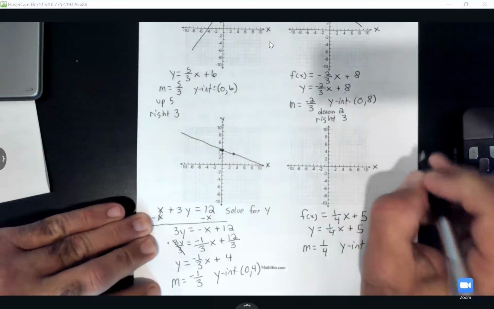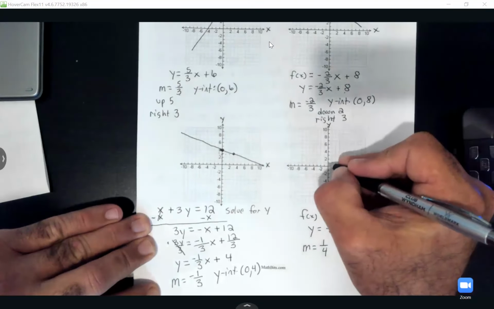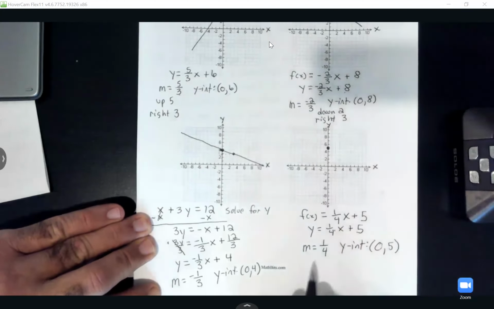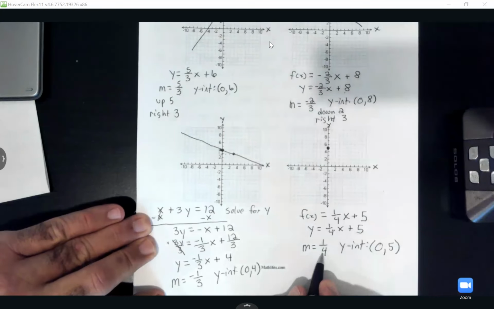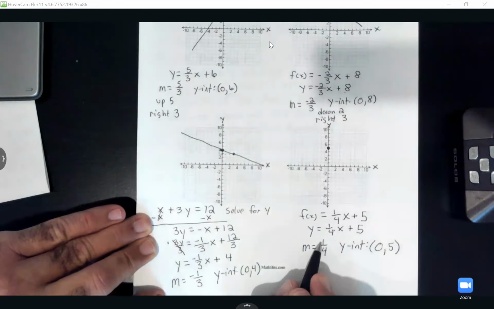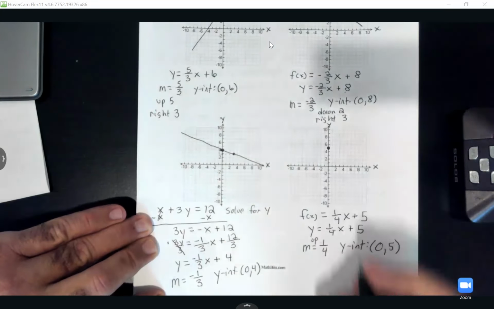All right, let's get our x-axis and our y-axis set up. So y-intercept goes up 5. 1, 2, 3, 4, 5. Put my first dot. Slope is positive, so it's going to go uphill to the right. So the top number is positive. I'm going to go up 1.